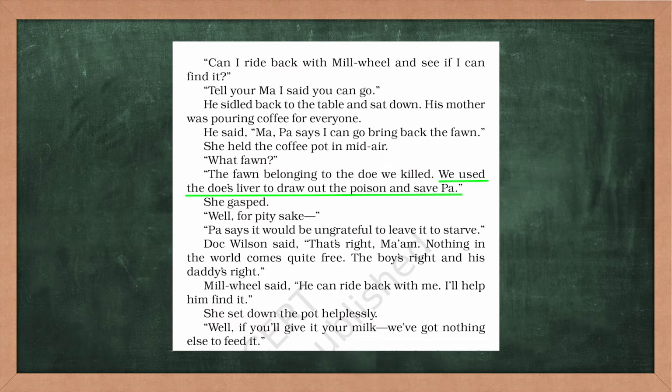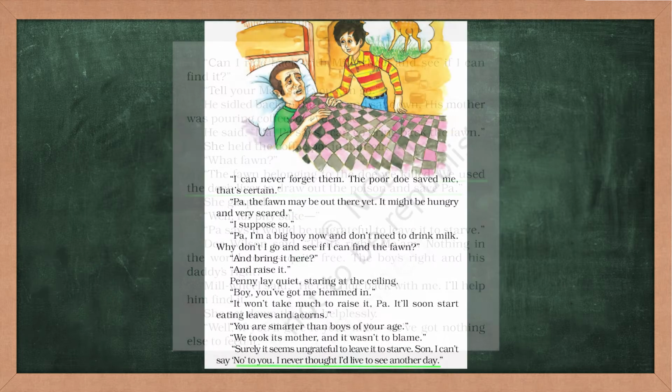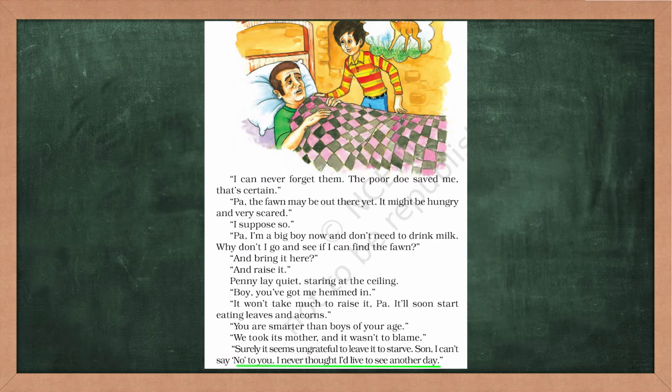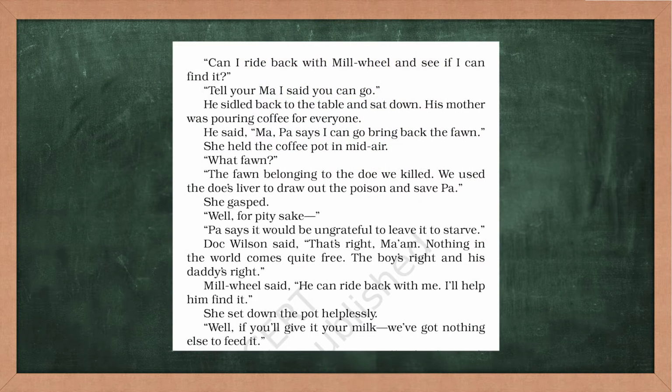So it's a happy ending when we think of the father. He says that he never thought he would see another day. If you look at page number 87, this is what he says: "I never thought I would live to see another day." But what about the son? On one side, his father has been saved.